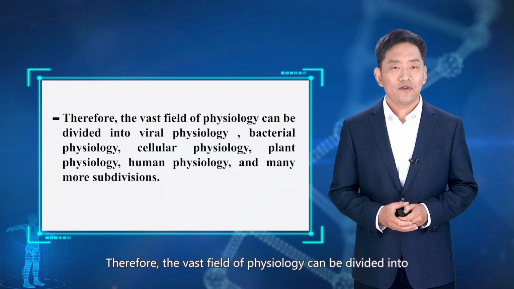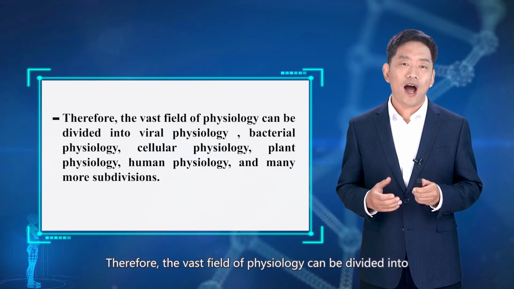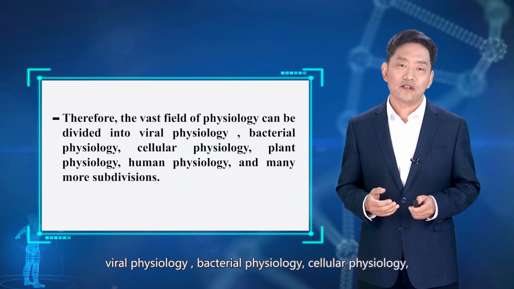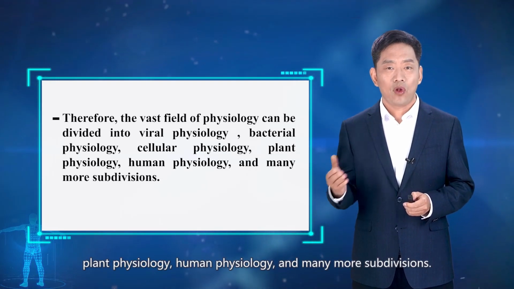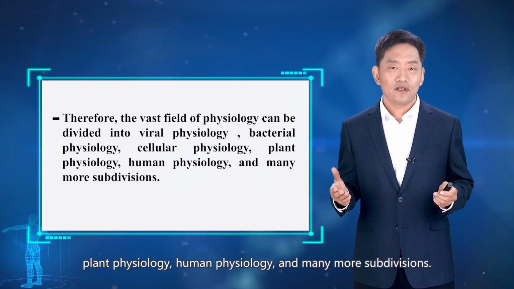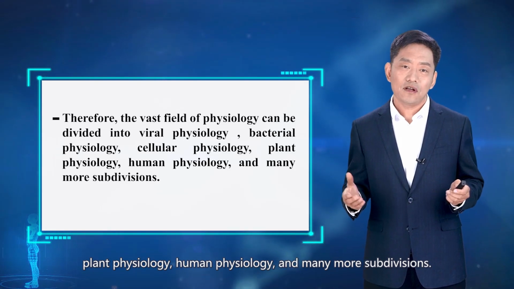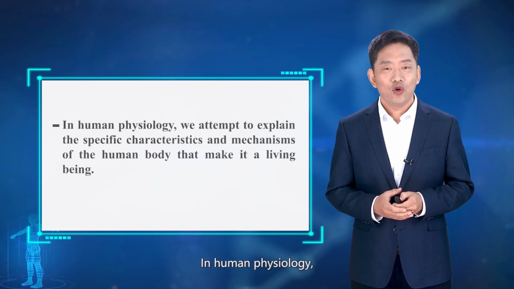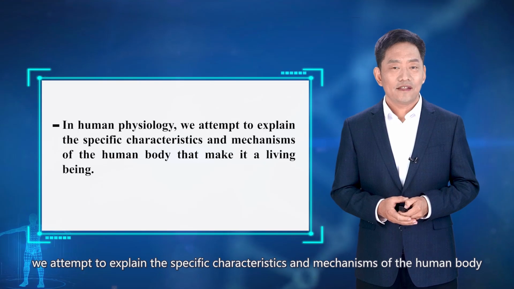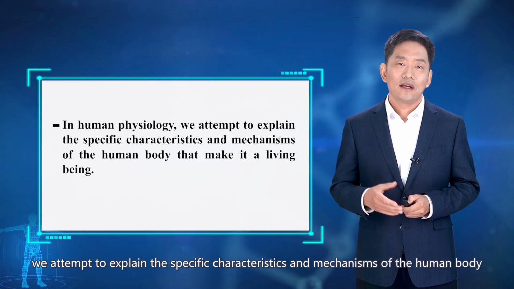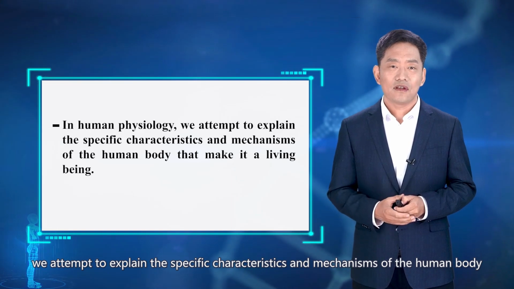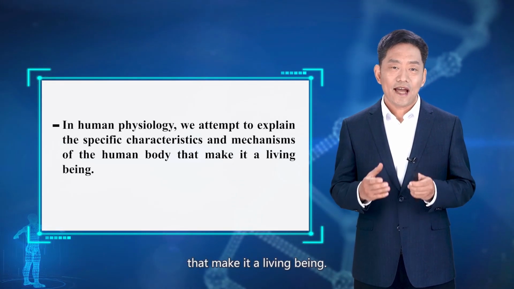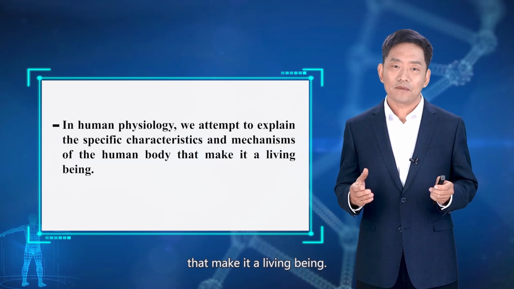Therefore, the vast field of physiology can be divided into viral physiology, bacterial physiology, cellular physiology, plant physiology, human physiology, and many more subdivisions. In human physiology, we attempt to explain the specific characteristics and mechanisms of human body that make it a living being.